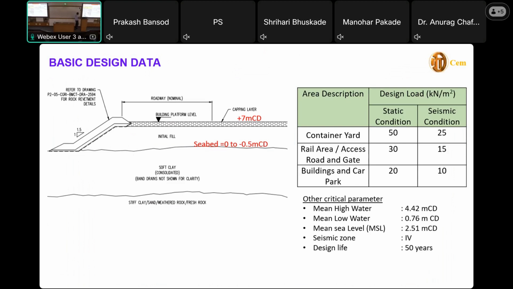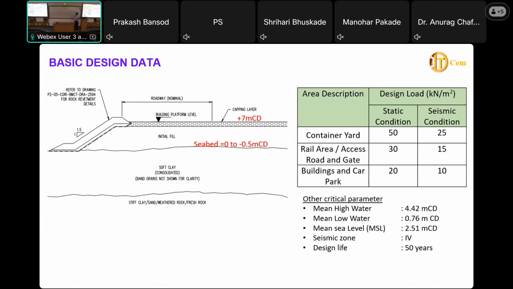This is the basic configuration, and one thing we need to mention here is the water levels. As we are working in the sea, the water level is always fluctuating. Every 6 hours a low tide will come, and then again a high tide will come. That is another additional challenge.